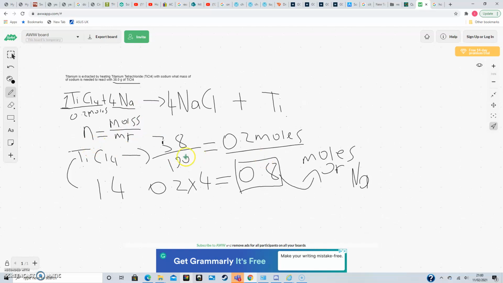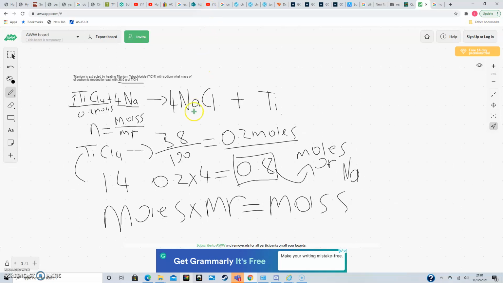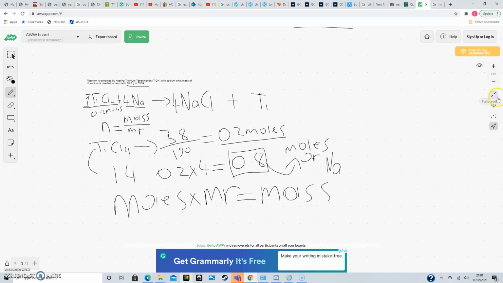Now, since we have the moles, and we can work out the MR, we can work out the mass. If we rearrange the formula, moles times MR equals mass, which means, I'm just going to zoom out a little bit, sorry.